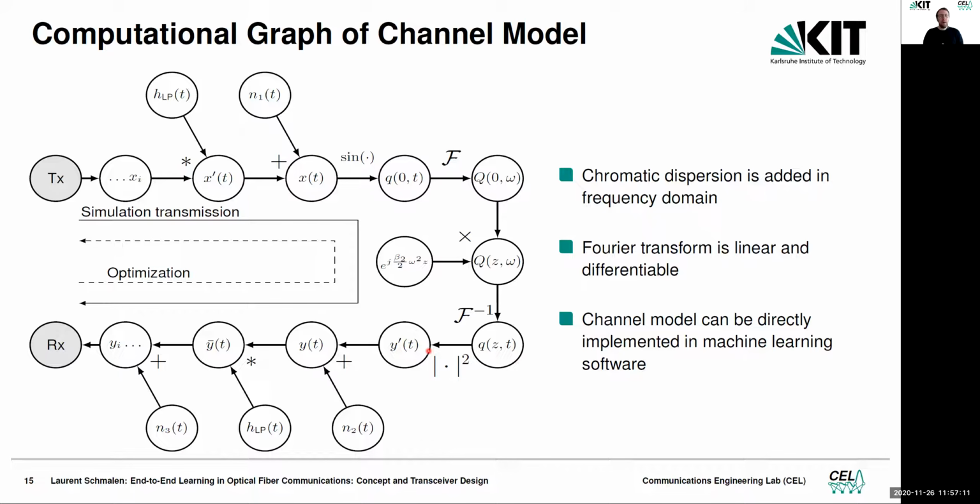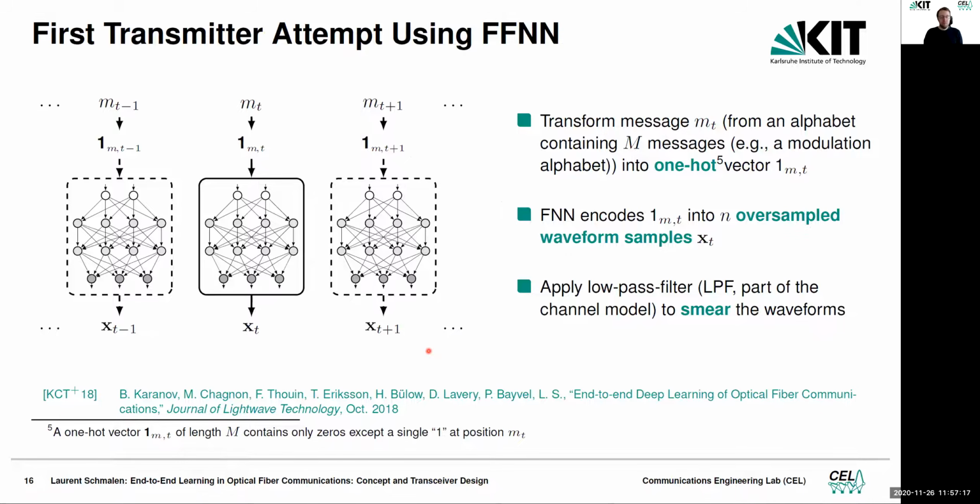Now, how do we build a transmitter and a receiver if we have dispersion? Our first attempt that triggered this work was to use a block-based transmitter. So we have messages at time t-1, t and t+1. We feed them into a neural network, we process them and generate a waveform vector.